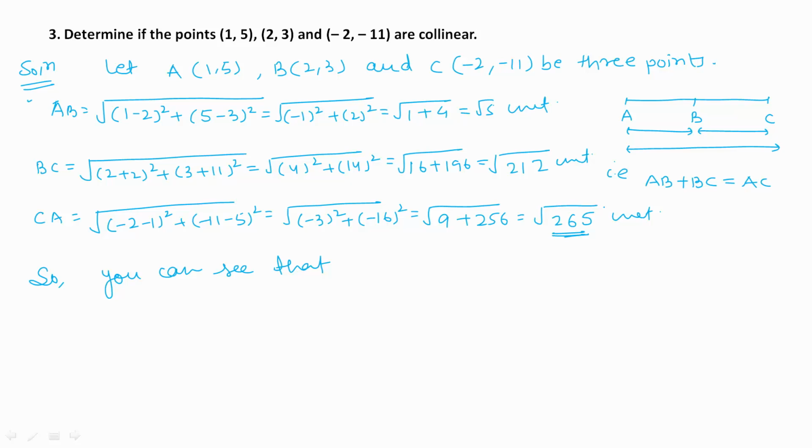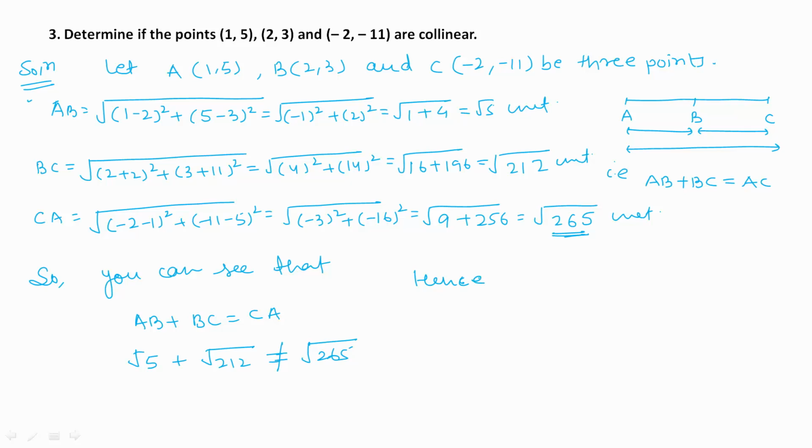So according to the condition, AB plus BC is equal to CA. Put all the values of AB, BC and CA: under root 5 plus under root 212 is not equal to under root 265.